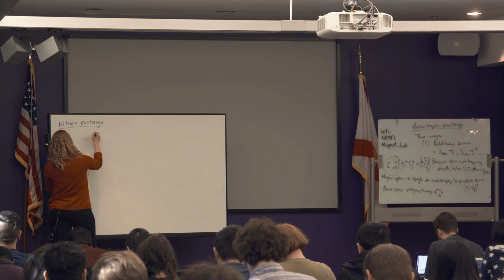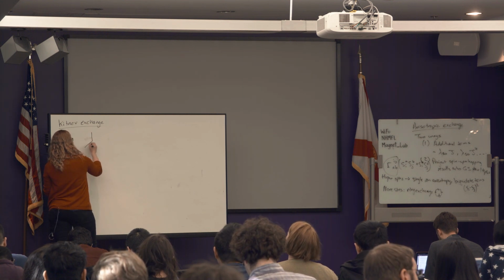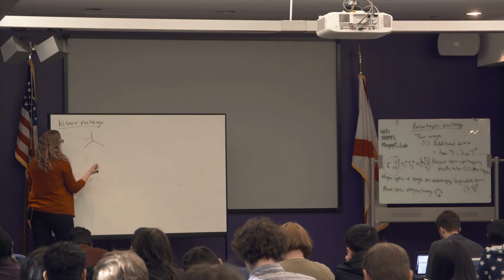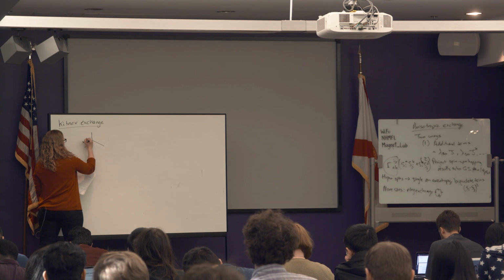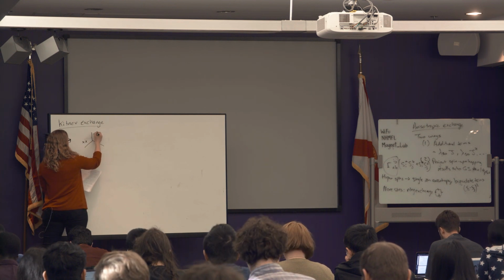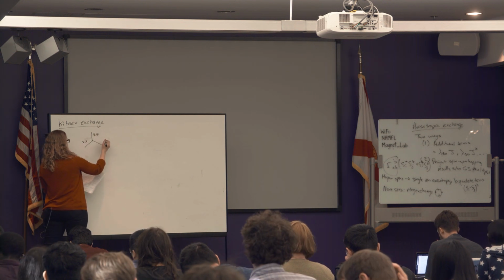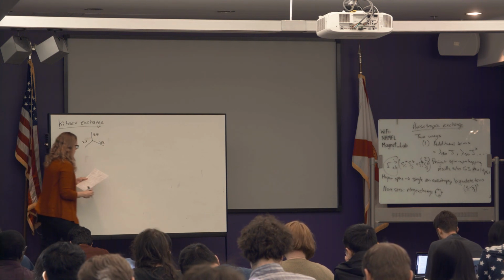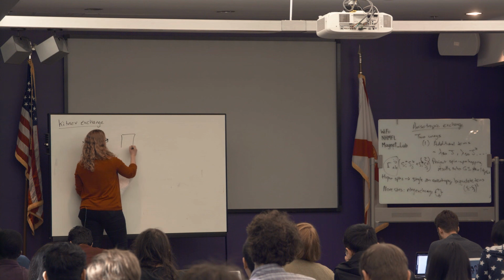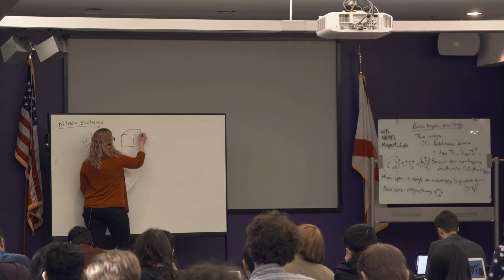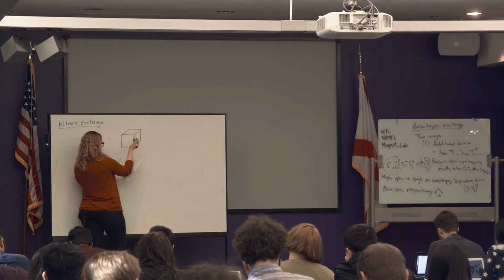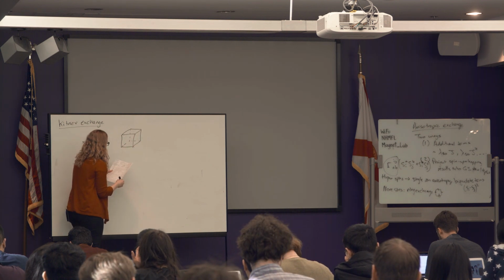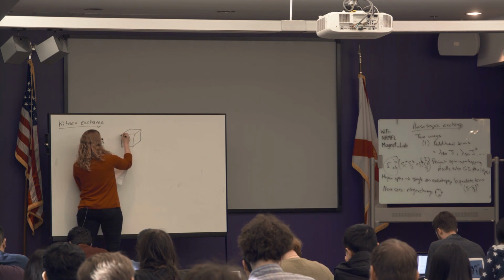So if you have 3 bonds coming out of a site here, what the Kitaev model is, is that you'll have an XX exchange on one bond, a ZZ exchange on the other bond, and a YY exchange on the third bond. The honeycomb picture is complicated, but it's a little bit easier to draw this way.